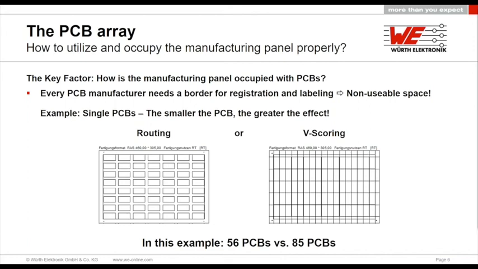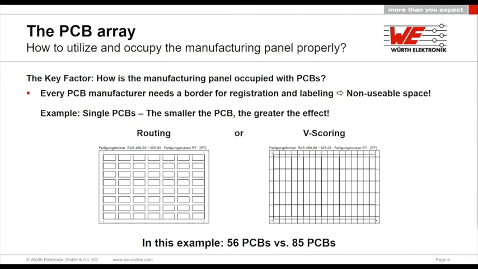Yes, we know that often there is an issue with V-scoring when it comes to complex layouts, when there are curves or cuts in the outline and you do not have a rectangular outline. Then often V-scoring is not possible, but maybe you can find a way to combine both processes.